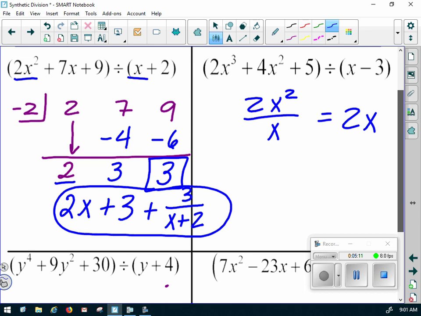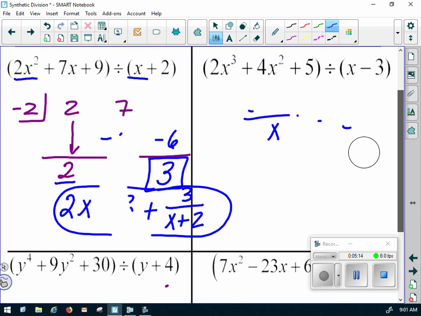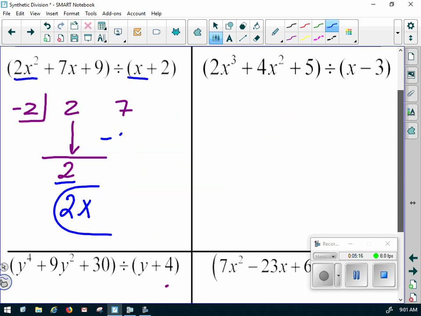Okay, let's try this second one. What are we going to divide by synthetically? Say again? 3. What numbers am I going to use for my coefficients and constant?